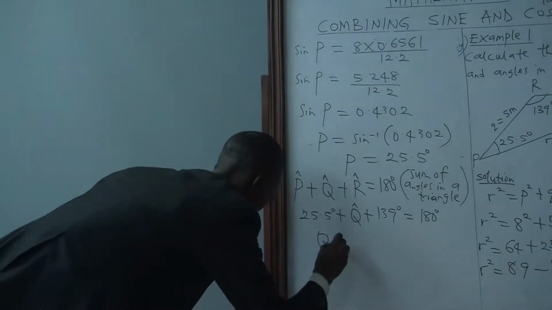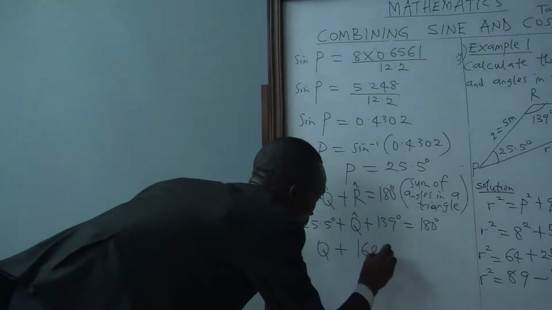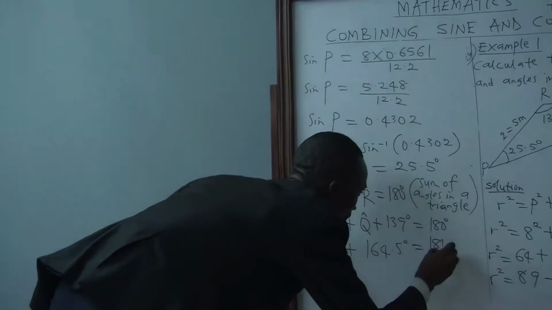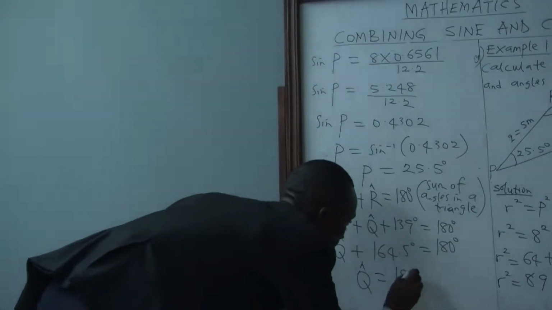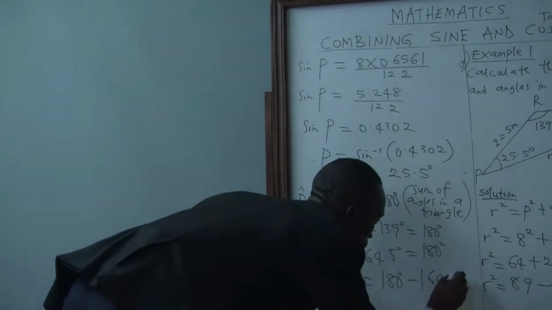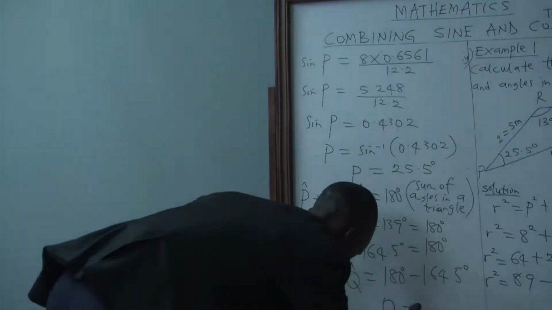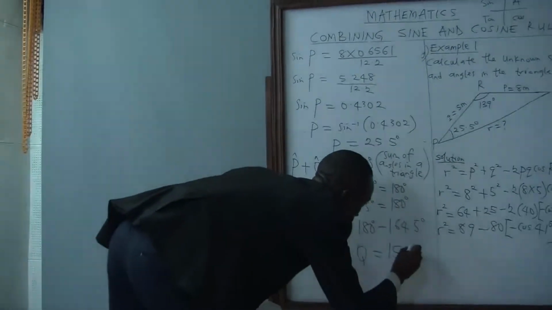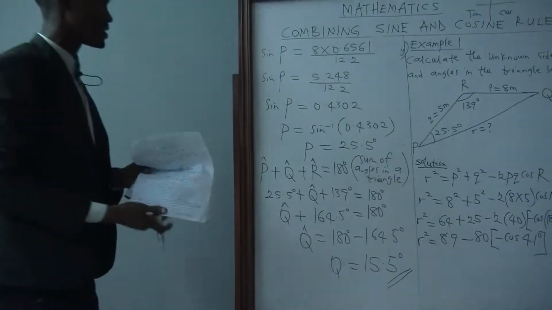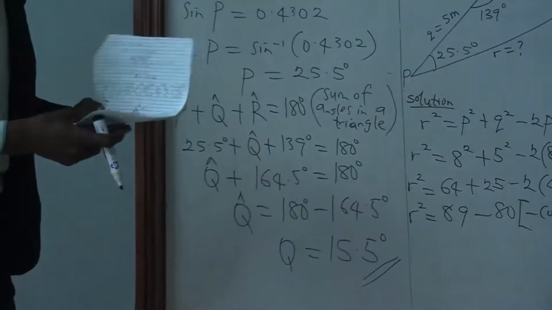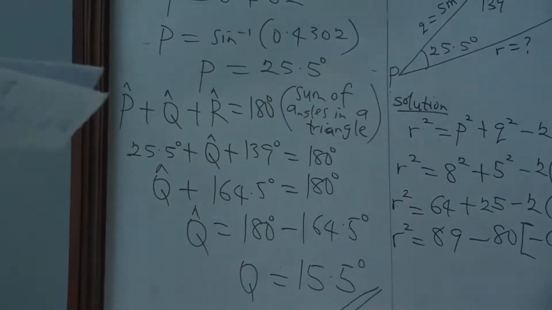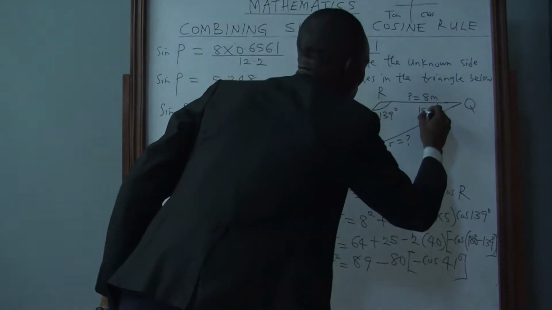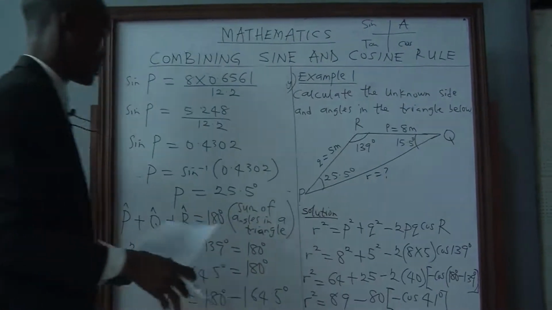So we have Q plus 164.5 degree is equal to 180. Then Q from here will be 180 degree minus 164.5 degree, where Q will be 15.5 degree. And with that, we've obtained the unknown side and the unknown angles from that triangle. So with this, we have solved the triangle completely. So we label this as 15.5 degree.